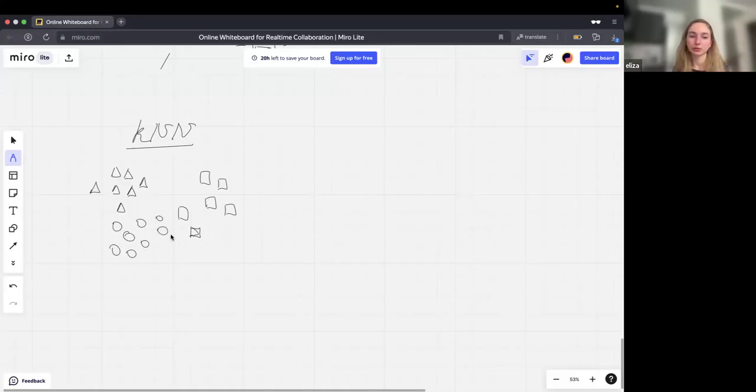You have three classes. And now some mysterious object appears, and you want to define which class this object belongs to. How does k-nearest neighbors do it?